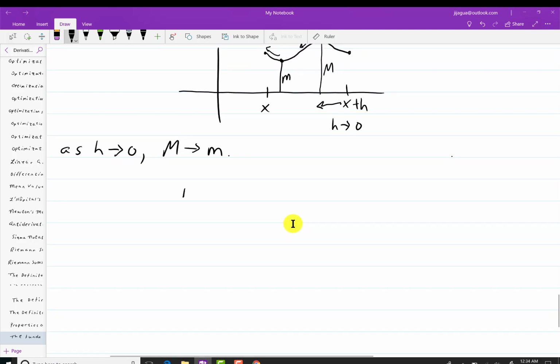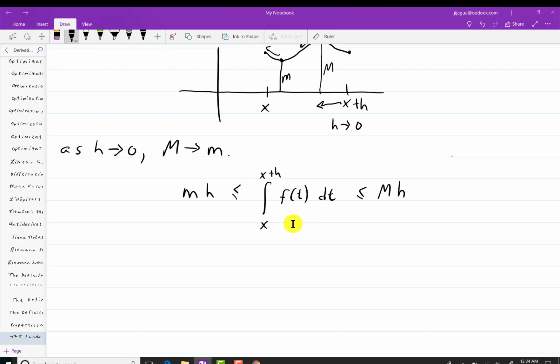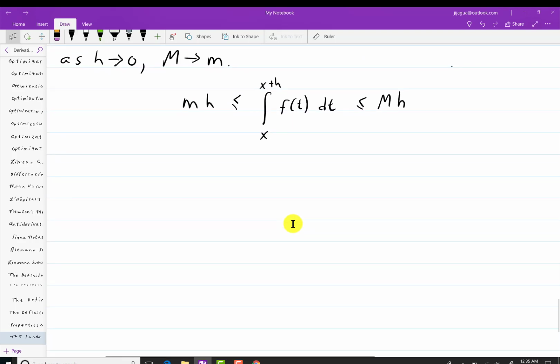Series of inequalities: little m h is less than or equal to the integral from x to x plus h of f of t dt, which is less than or equal to capital M h. Since h is positive, I'll divide everything by it.